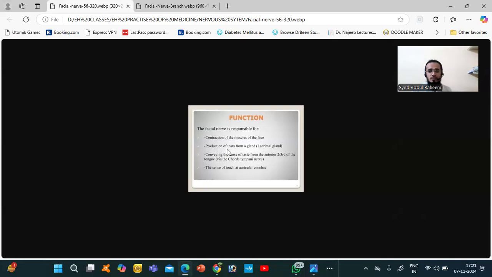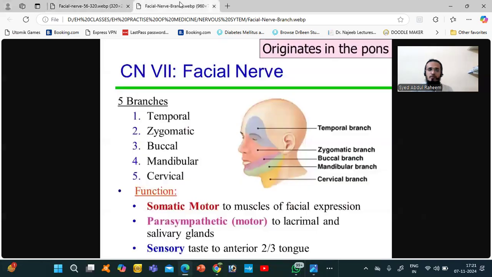So these are the functions of the facial nerve. Facial muscles on both sides, tears, taste from the upper two parts of the tongue, and the sensation in the ear. These are the three things we have to remember.